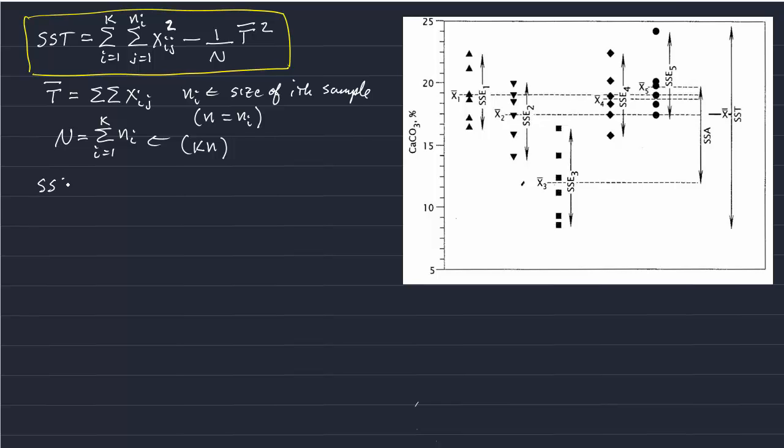And a practical way to compute the sum of squares between sample means is 1 over n_i times the sum of the totals for each sample, T sub i, squared, minus T bar squared over N. And T_i is equal to the sum of all the measurements in the ith sample.